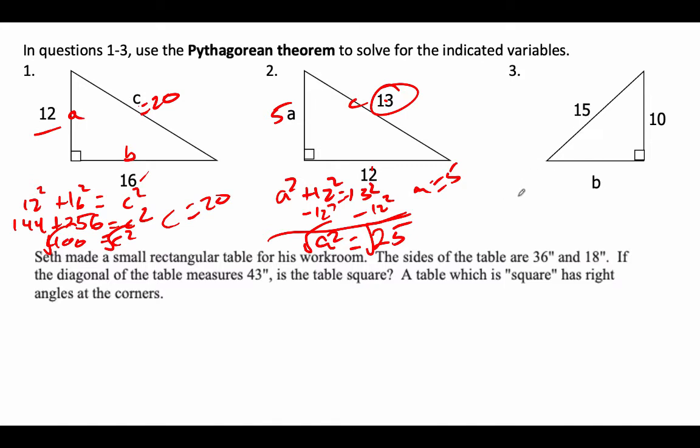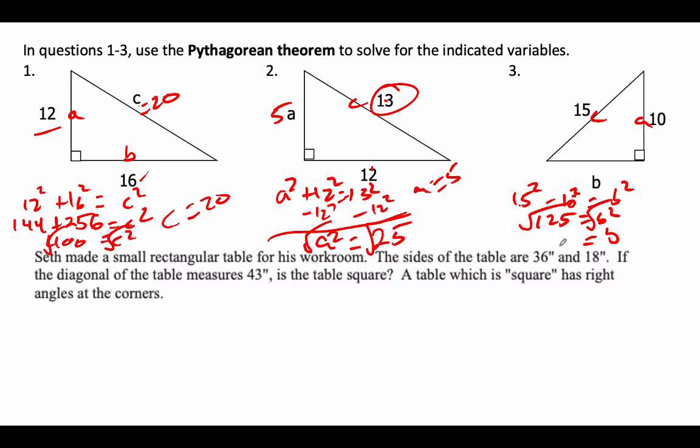Okay, and over here, I would actually just do 15 squared minus 10 squared equals b squared. You can skip right to that. You don't have to put it into the basic equation. There's nothing wrong with recognizing that's c and that's a, so I know I'm going to be subtracting. Either way would work. And this is 225 minus 100, and I get 125 is b squared. And at this point, we are at the juncture where that is not a perfect square.